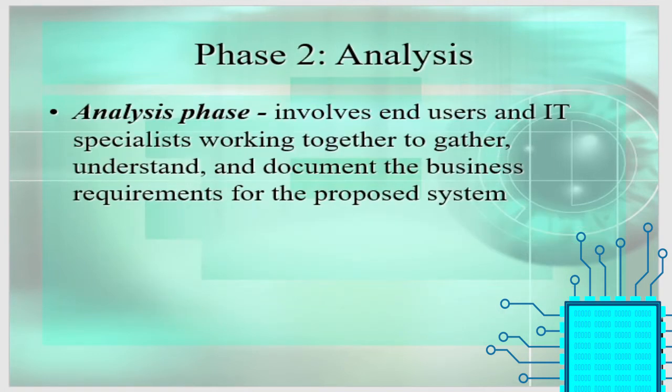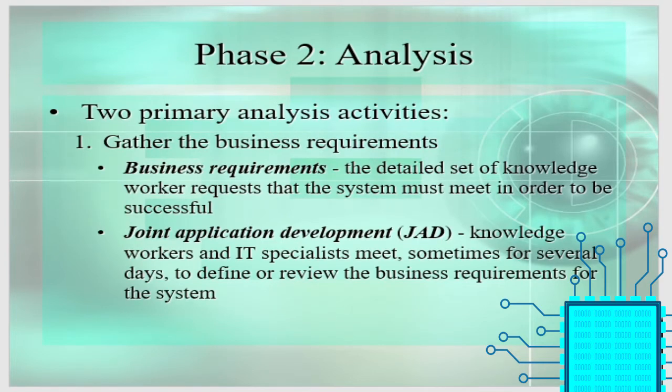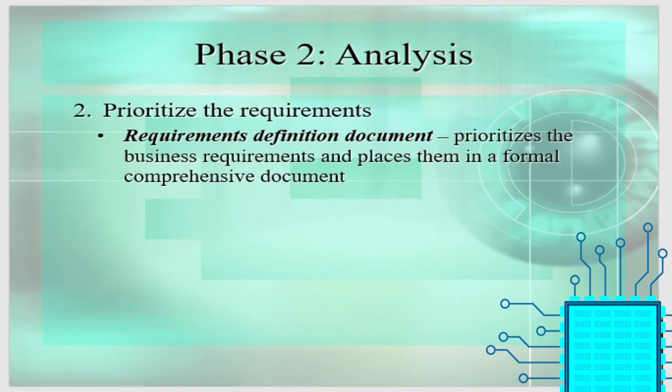The second phase of the SDLC is the analysis phase. This phase involves end users and IT specialists working together to gather, understand, and document the business requirements for the proposed system. The 2 primary analysis activities are to gather the business requirements and prioritize the requirements.